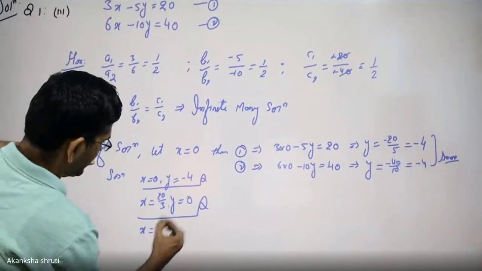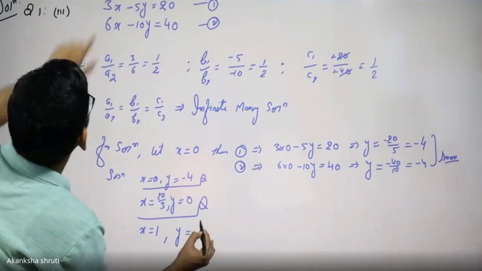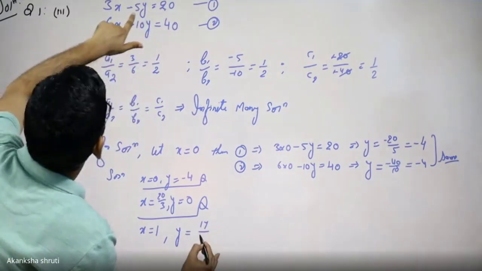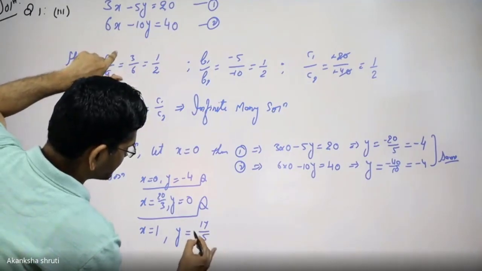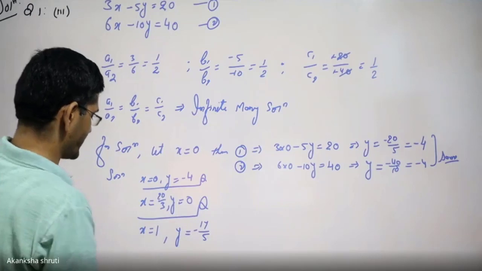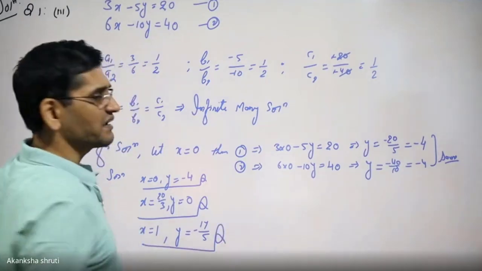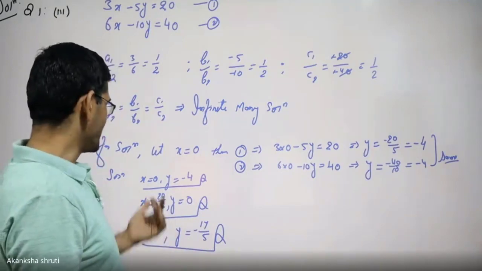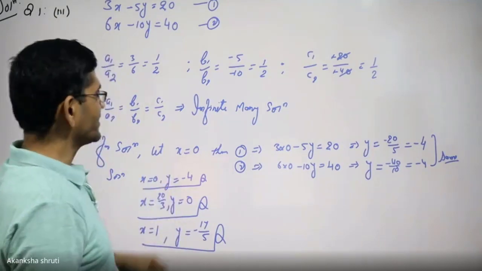So the y obtained will be 17 by 5 with the negative sign, so minus 17 by 5. This way, any number of solutions can be calculated. Once one of the variables is assumed, the other is calculated.